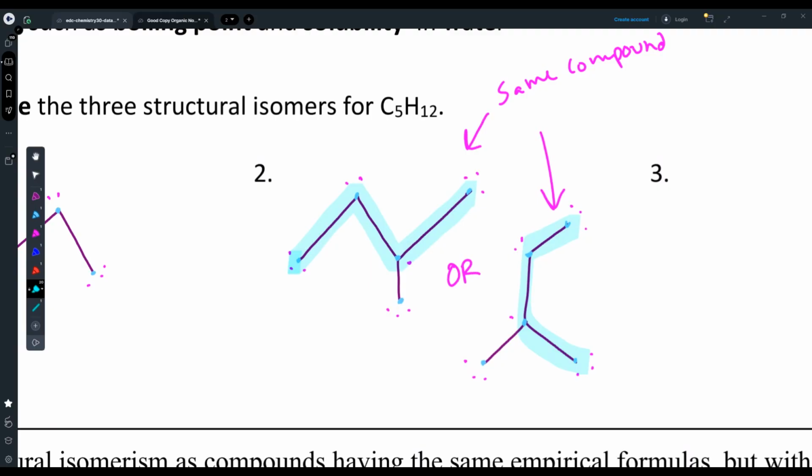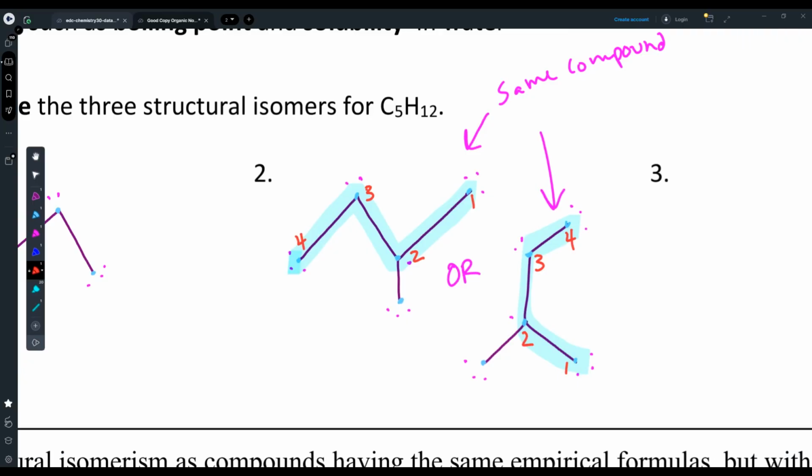Okay, so notice how these branches, if you give the lowest number to the carbons in your parent chain, both of these are on carbon 2. How you figure that out? So you count 1, 2, 3, 4 for this one, and then 1, 2, 3, 4 for this other version of the same compound.